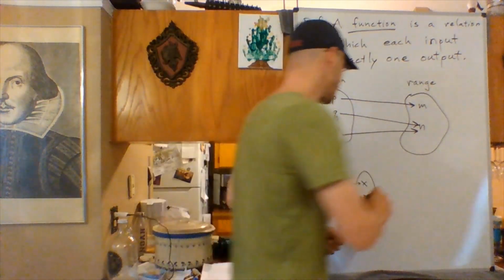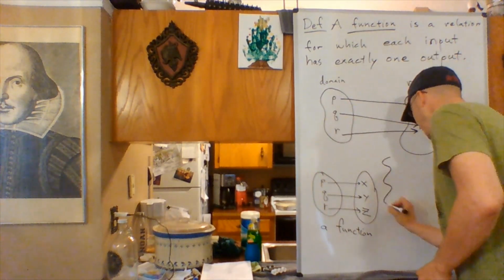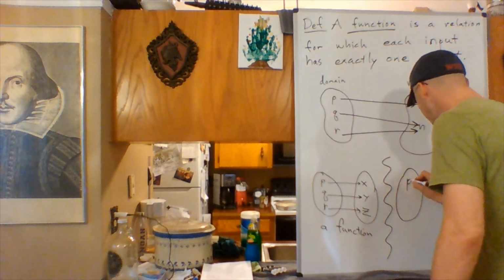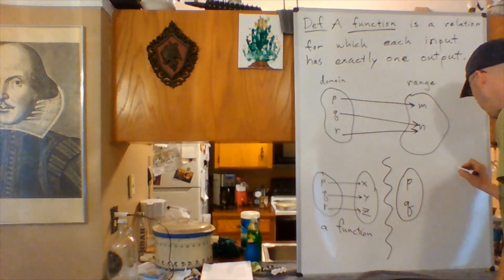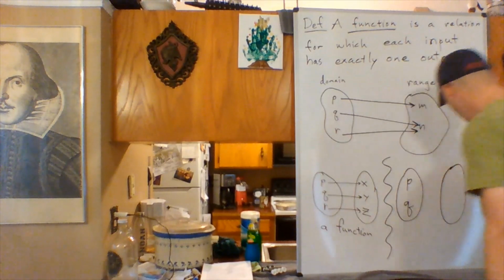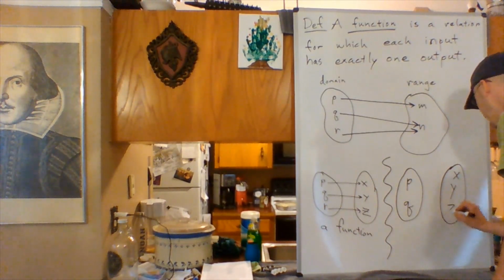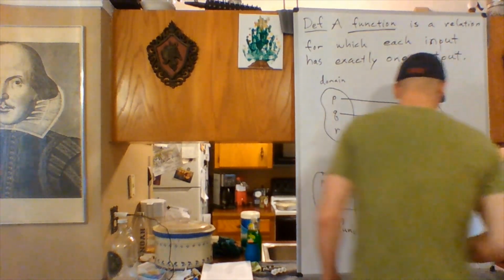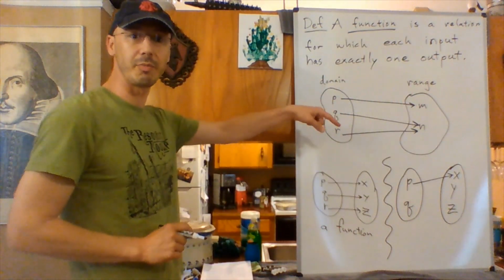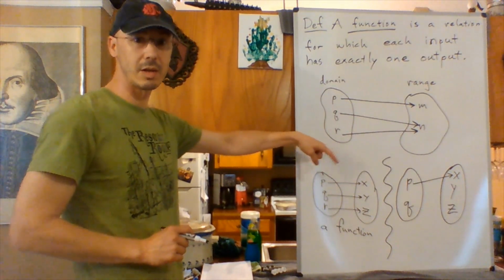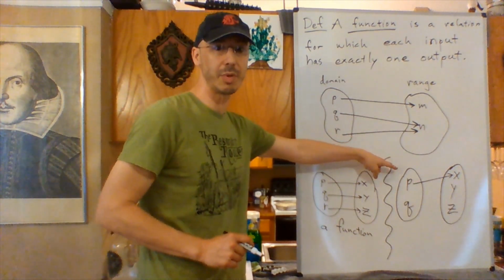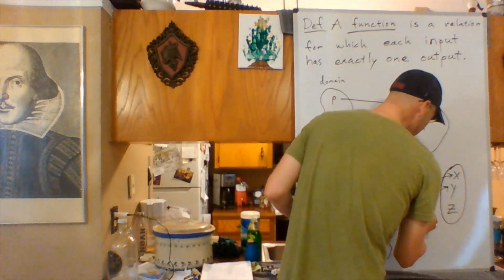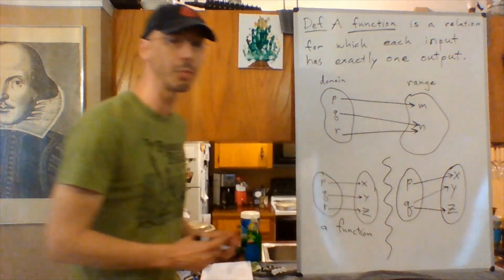What I want to use this for is to contrast it with, if I have inputs just P and Q and outputs X and Y and Z, where the output of P is X. And the output of Q is Y and Z. And that's the whole point of this one.